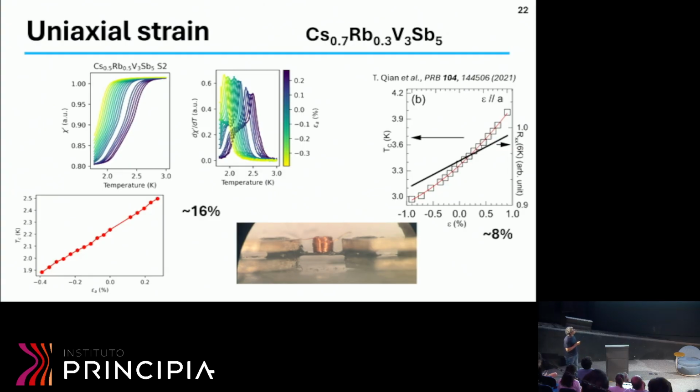But if you map both peaks, we have a linear behavior of Tc as a function of the strain, okay? And this has been seen for the pure cesium compound, okay? But here we have a 16% decrease instead of 18. And we have to look at why this happens.